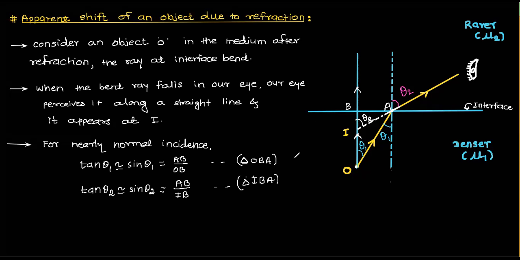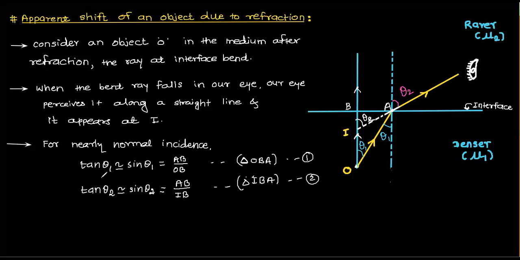Shall I give here equation number 1 and this as equation number 2. From equation 1 and 2: what is our equation 1? Tan theta 1 is equal to AB by OB. Tan theta 2 is equal to AB by IB. Right?